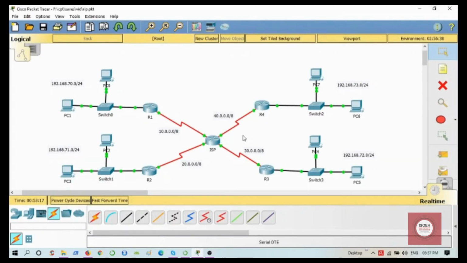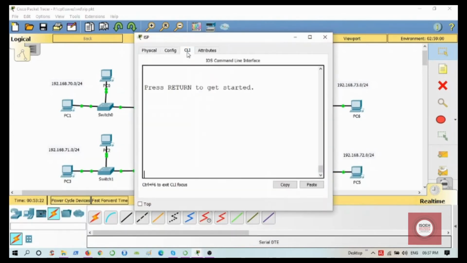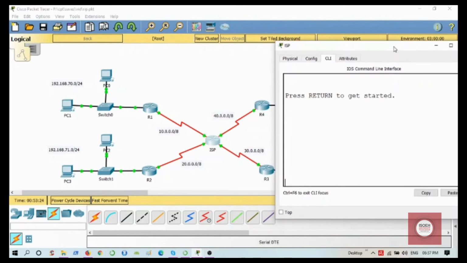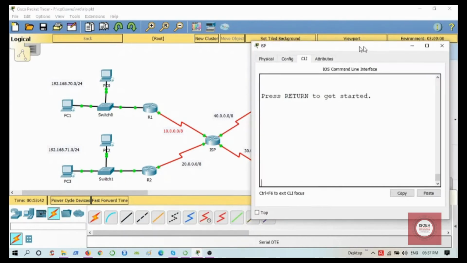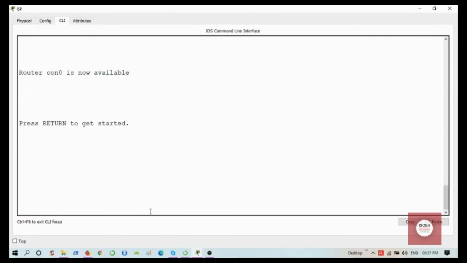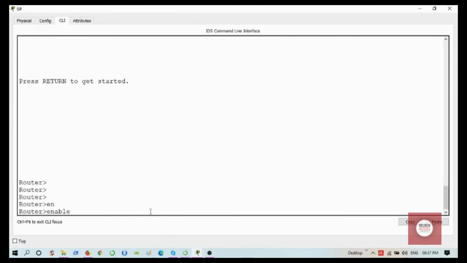Now finally we move on to the middlemost router, which I call the ISP router, and this router is directly connected to all these networks. These are represented by these IP addresses: 10.0.0.0, 20.0.0.0, 30.0.0.0, and 40.0.0.0. So we just need to provide those network IDs in RIP.